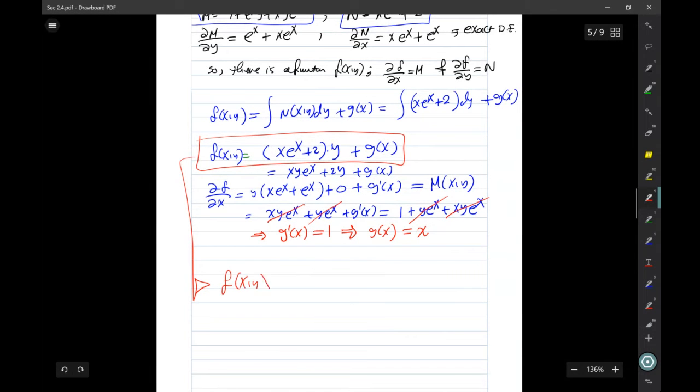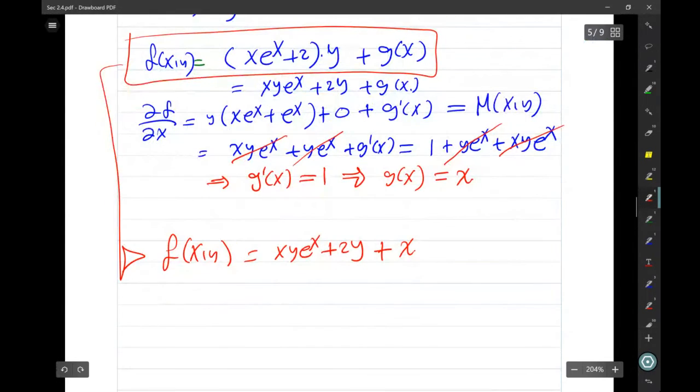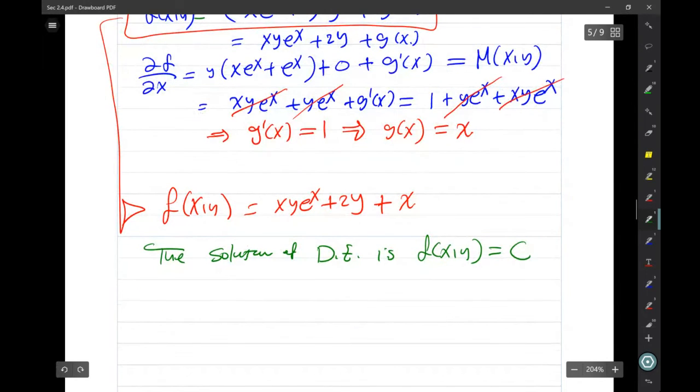Your function f of xy becomes xy ex plus 2y plus g of x, which is x. Now, this is not the solution of my differential equation. I have to say that the solution of the differential equation is f of xy equal to c. That implies xy ex plus 2y plus x equals c.